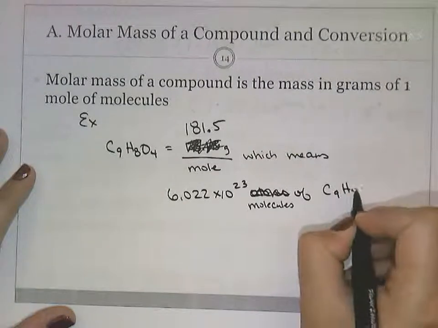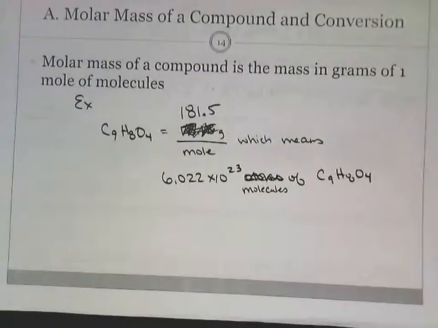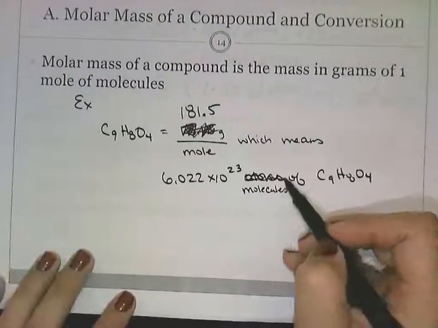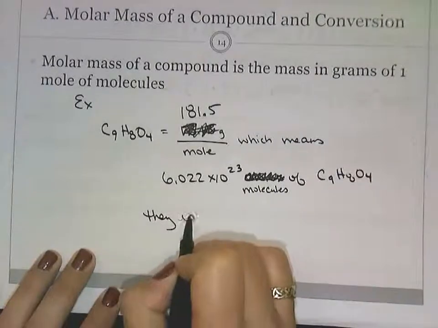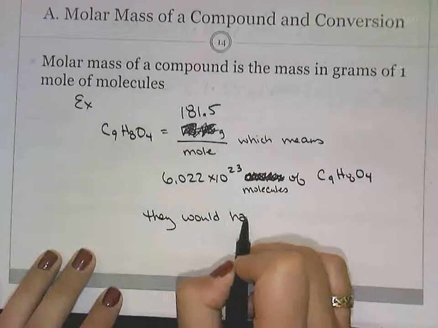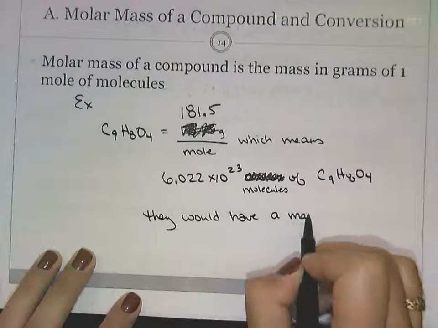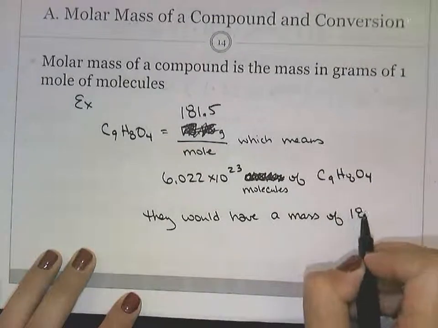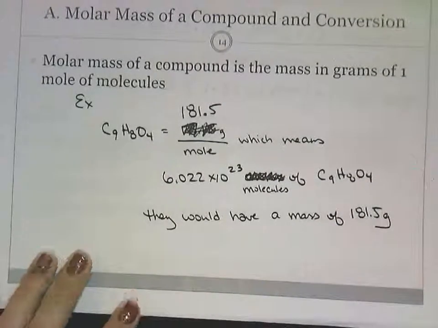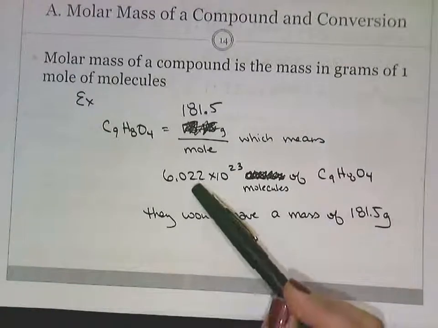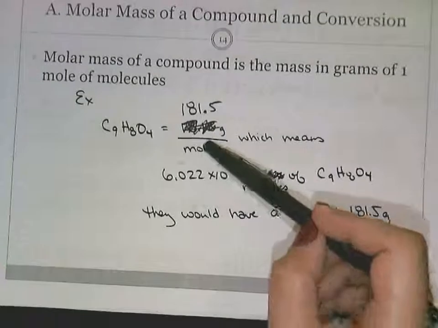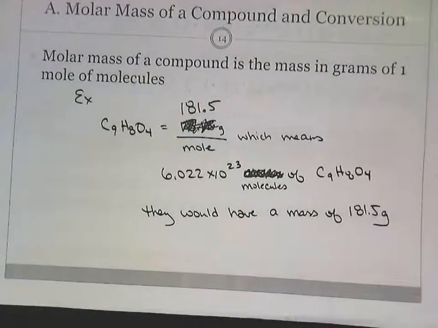Which means if I have 6.022 times 10 to the 23rd molecules of aspirin, it's all telling you the same information. If I have Avogadro's number of molecules, which is 1 mole, 1 mole would have a mass of 181.5 grams. So it's a way of using unit conversions.